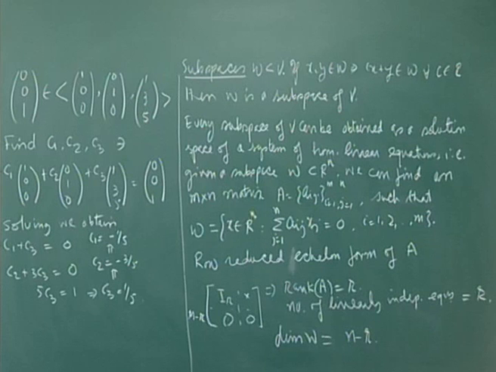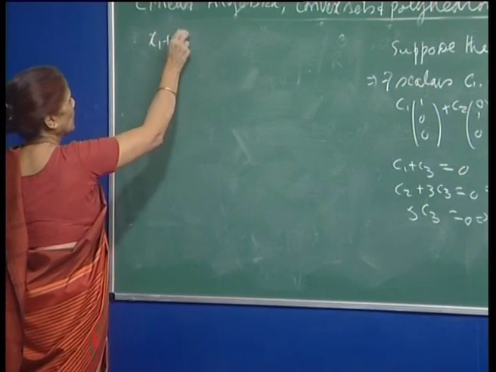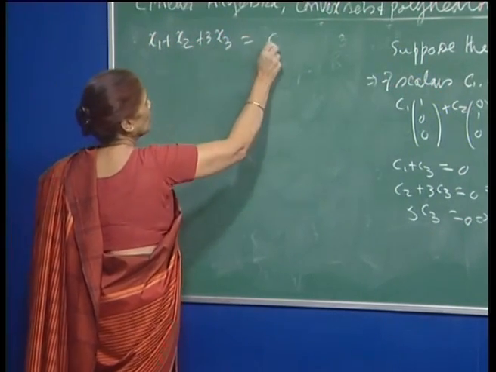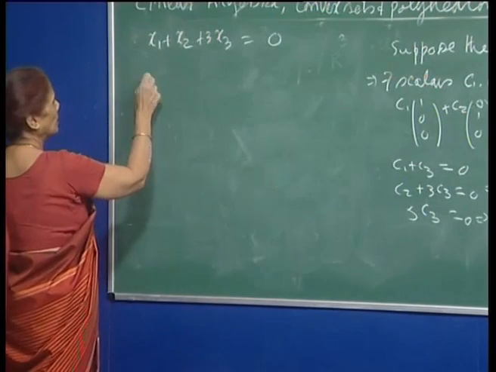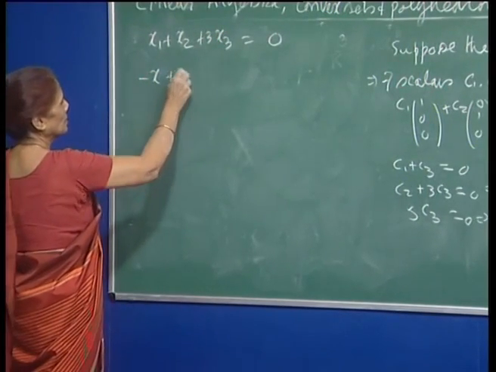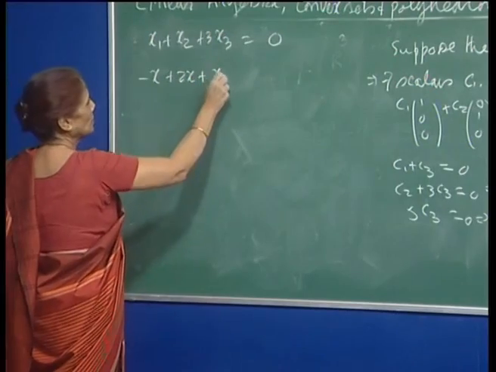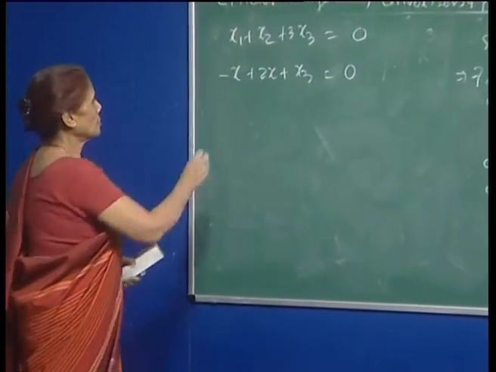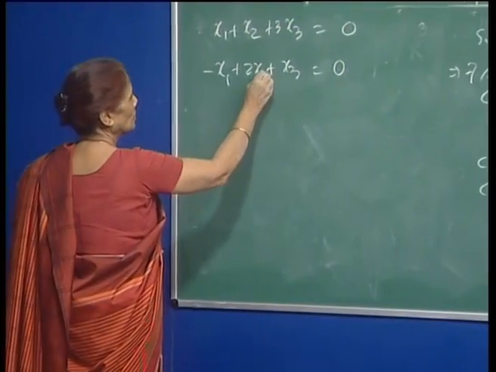What we are saying is, see, you have learned this: say x1 plus x2 plus 3x3 is equal to 0, and minus x1 plus 2x2 plus x3 is equal to 0, right. How do you solve this system?